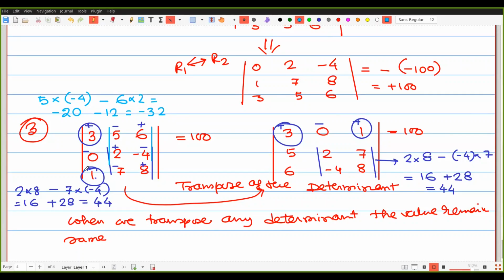For 1, the cofactor sign is plus. Now its minor, 5 into minus 4 minus 6 into 2, or minus 20, minus 12, or minus 32. The cofactor is plus 1 in both cases. So in that way, we can say the transpose of the determinant remains the same value.